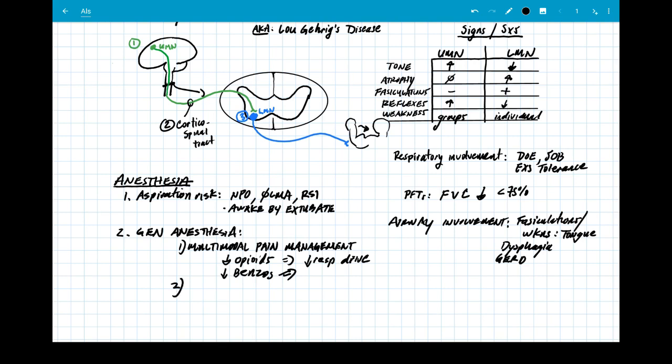For muscle paralysis during these cases, avoid succinylcholine. It can lead to rhabdomyolysis, an increase in potassium, which can lead to cardiac arrest.